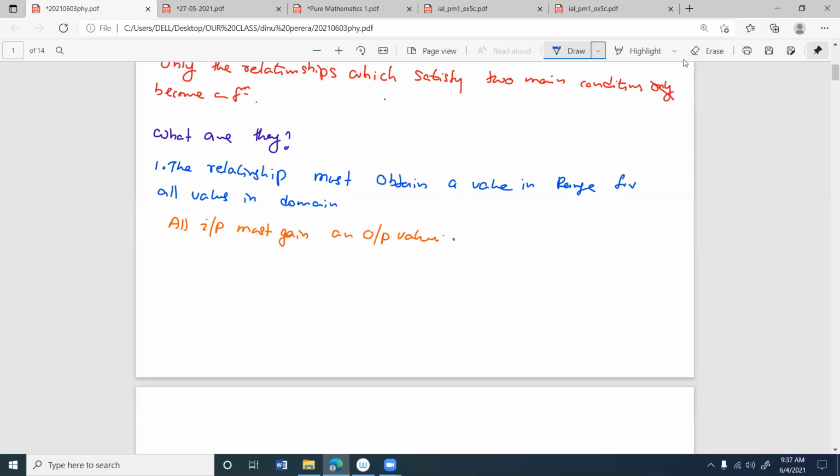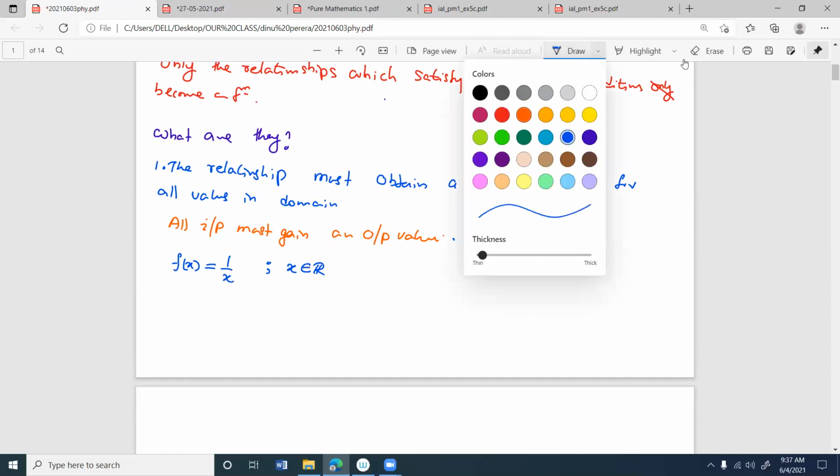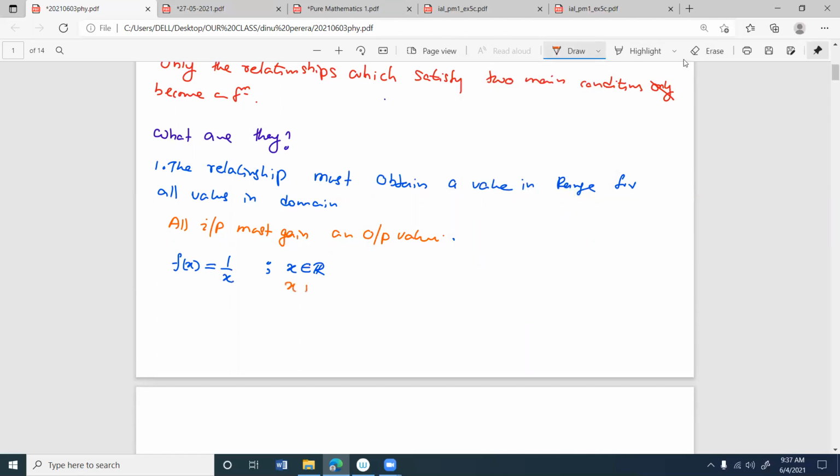For example, they have given a relationship like this: f(x) = 1/x, where x is any real number. What does this notation mean? x is any real number.